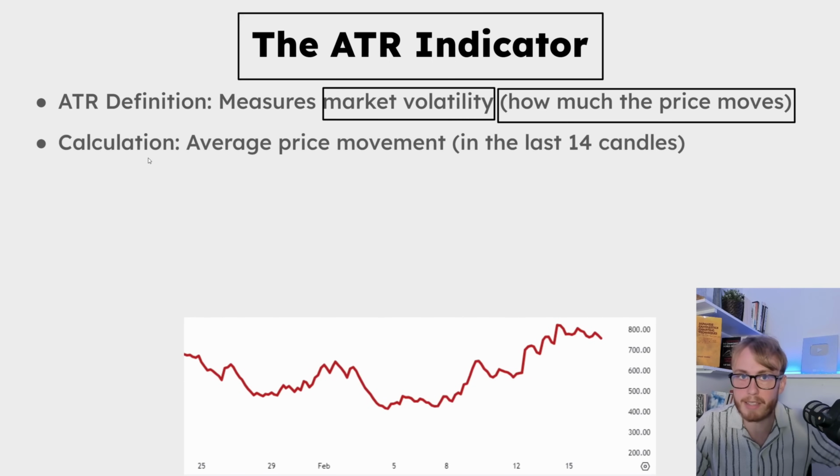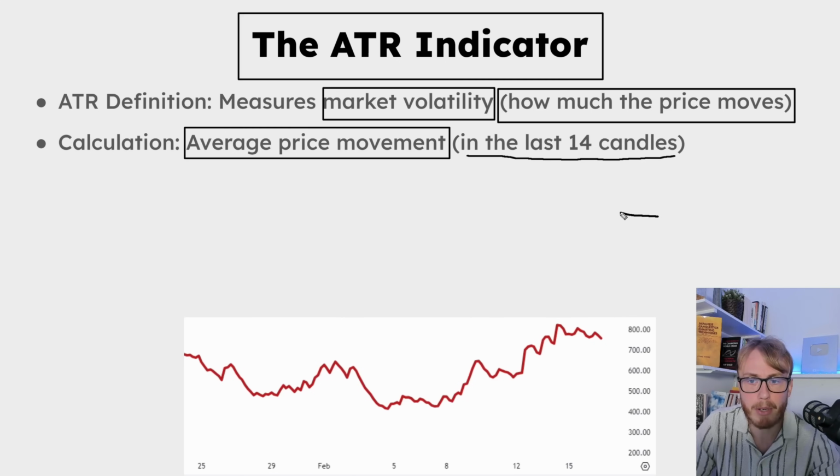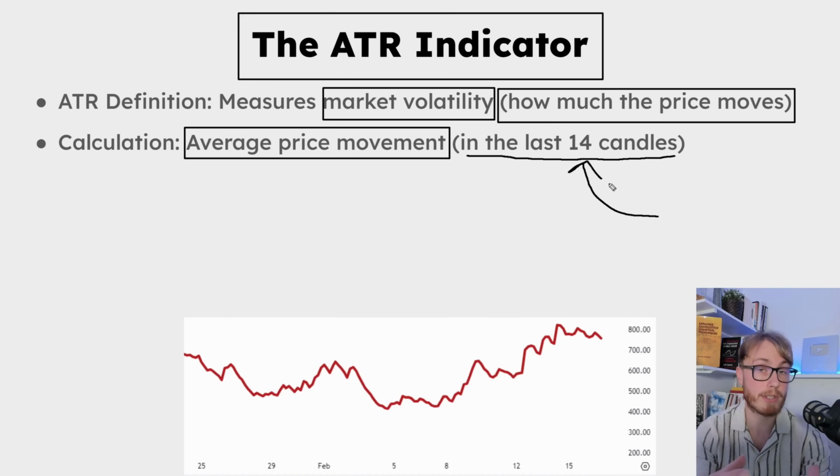To simplify the calculation, what the ATR basically does is calculate the average price movement. The most common period is to calculate the average price movement of the last 14 candles. And 14 is a very common number. Remember, for example, the RSI indicator also uses 14 periods to calculate momentum.